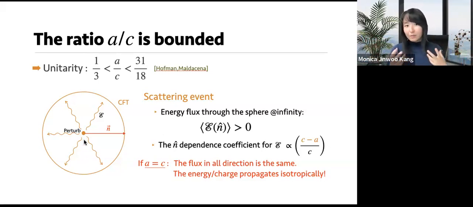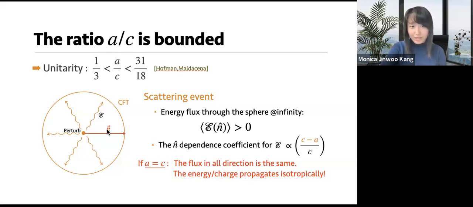So this will effectively give us energy flux going all the way to the infinity of the sphere, as we can have this plane of scattering event. Then we're not assuming any spherical symmetry of any kind. It can be jets of any kind as well. So then the dependence will exist depending on which direction it goes.